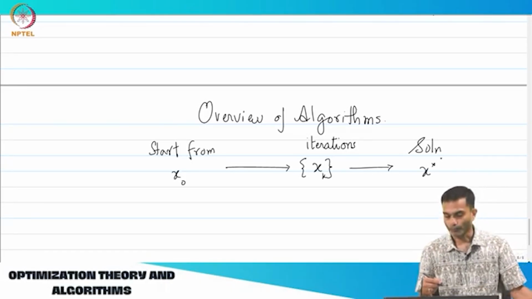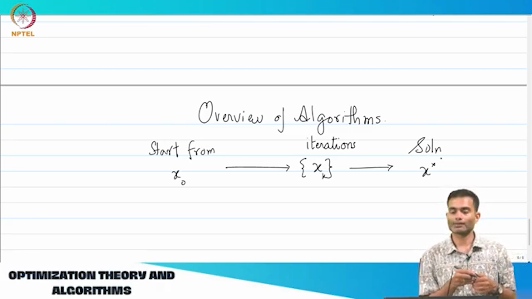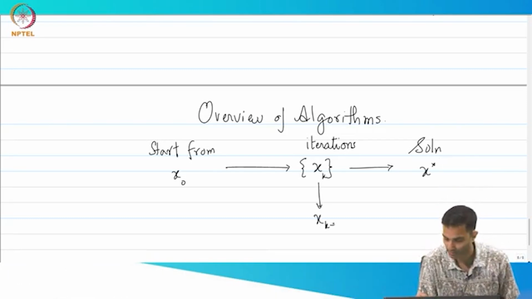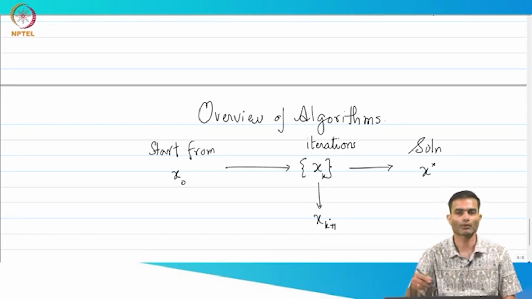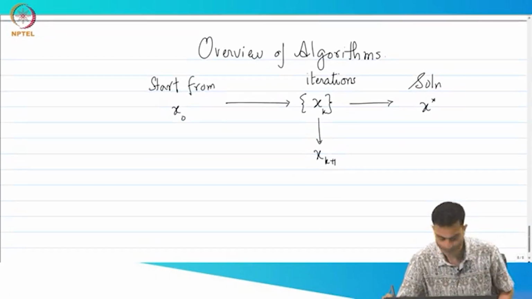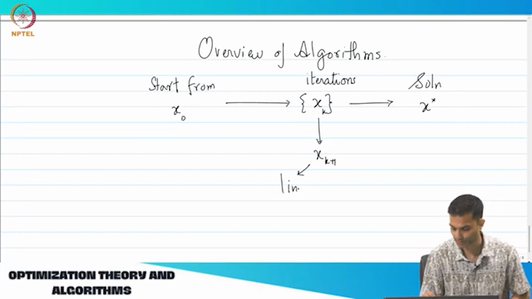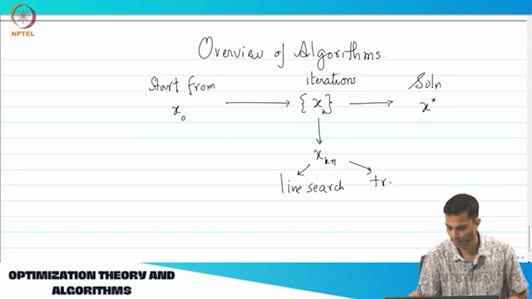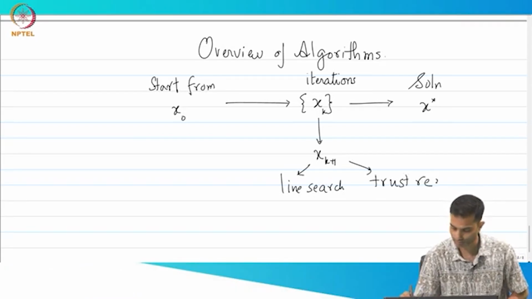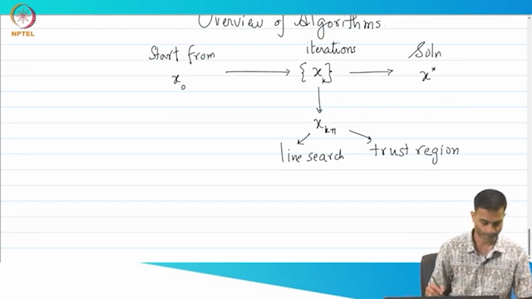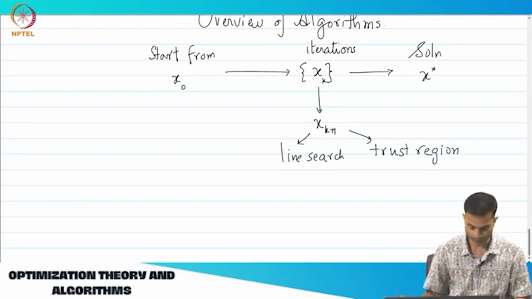Now what distinguishes all of these algorithms is how you go from xk to xk plus 1. That's where all the details differ. And as I've mentioned to you, there are 2 families over here. One is called line search and the other is called trust region, broadly.